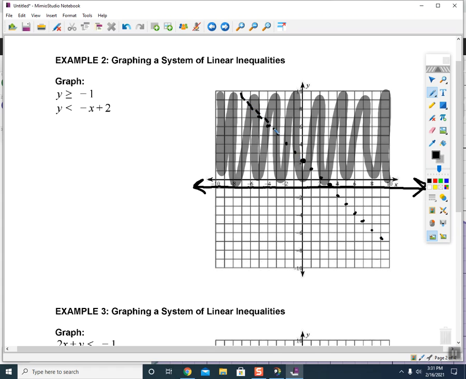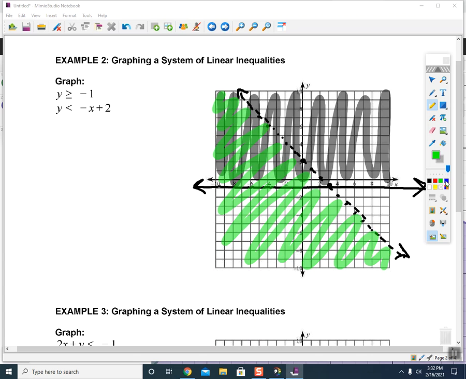This is my dotted line. And it is y is less than, so we're going to shade underneath. What this means then is my solution happens right in here.